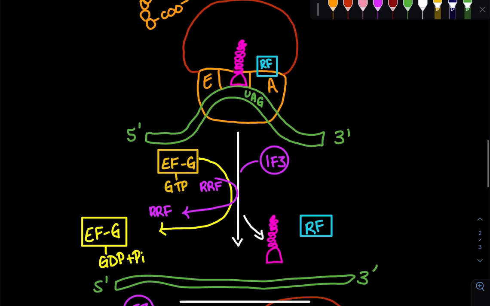As a result, when this entire process occurs, where release factor 3 removes that release factor and release factor 3 is removed by EF-G, the other components also leave.